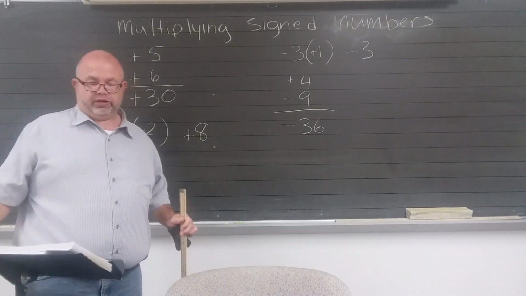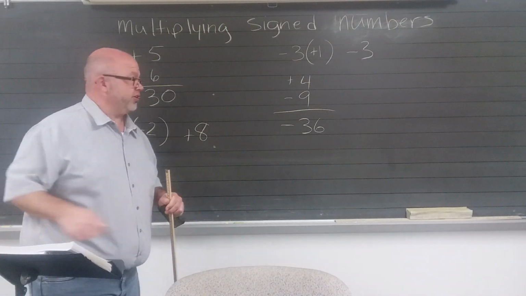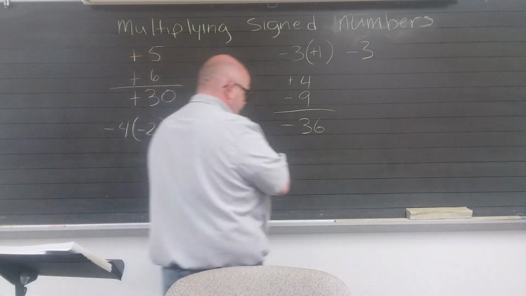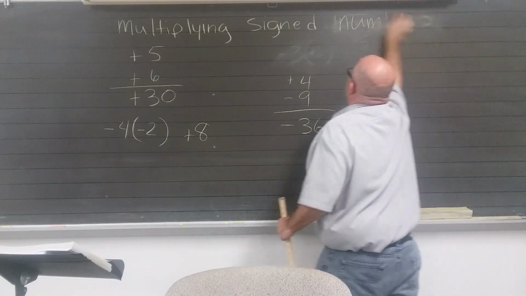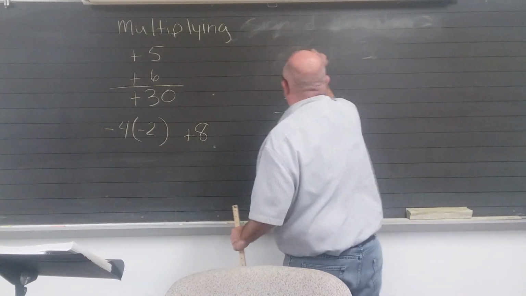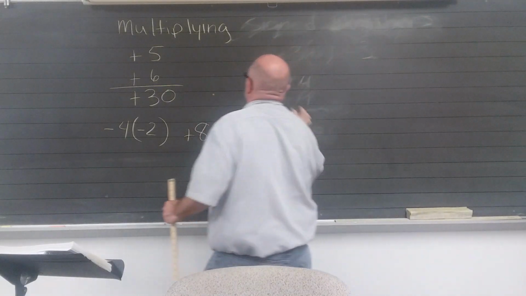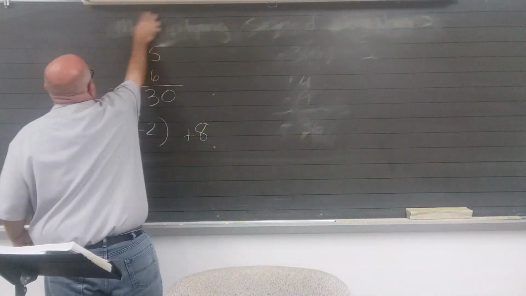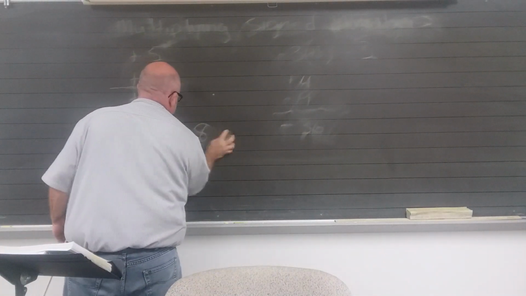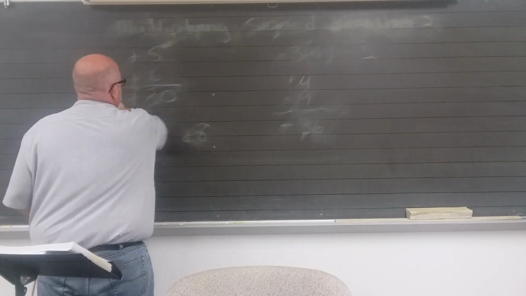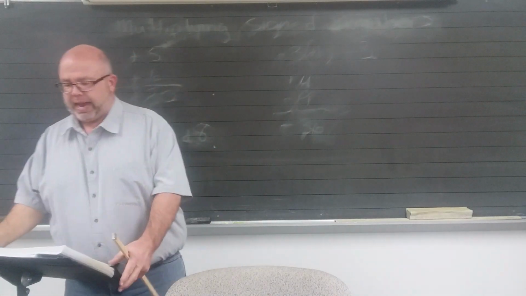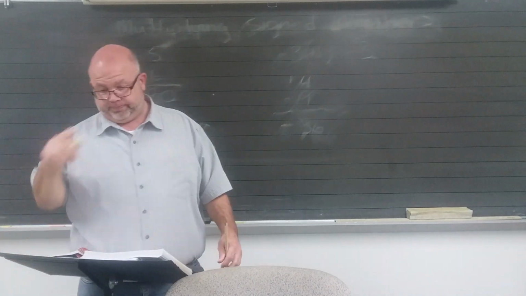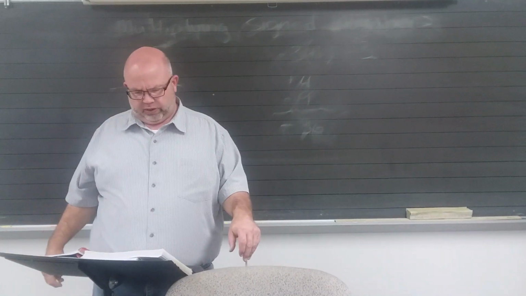The only thing I want to look at on 144, turn to lesson 144. What we need to look at is how to find the distance from one place to another using the scale of miles. So check out the map on page 144.